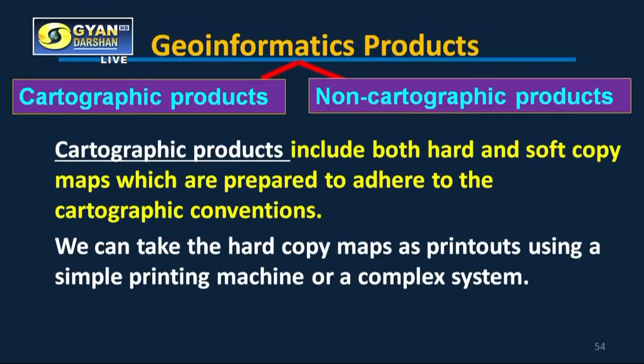There are two types of geoinformatics products: cartographic products and non-cartographic products. Cartographic products include both hard and soft copy maps which are prepared to adhere to cartographic conventions, and we can take the hard copy maps as printouts using any simple printing machine or even a complex system.